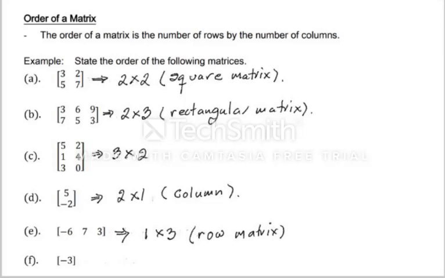And F is a 1 by 1 matrix. So the order of a matrix is the number of rows by the number of columns. You need to be able to state the order of a matrix.